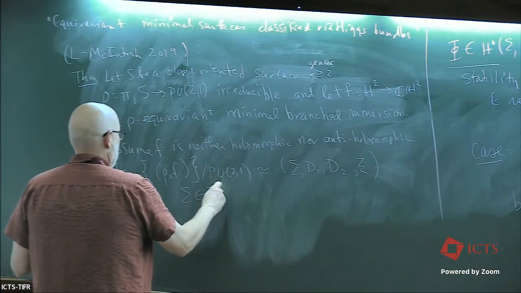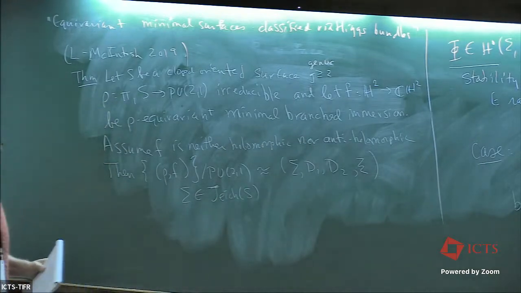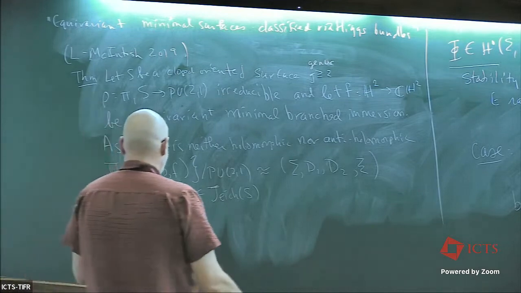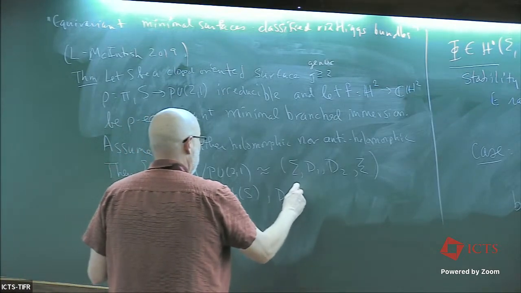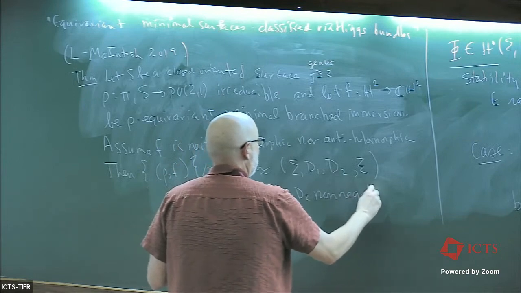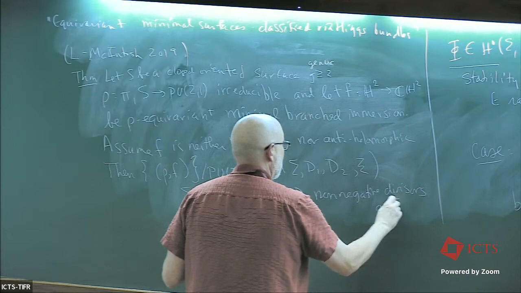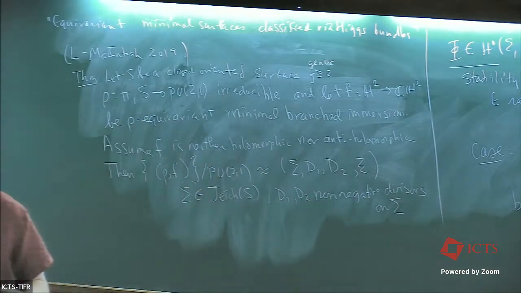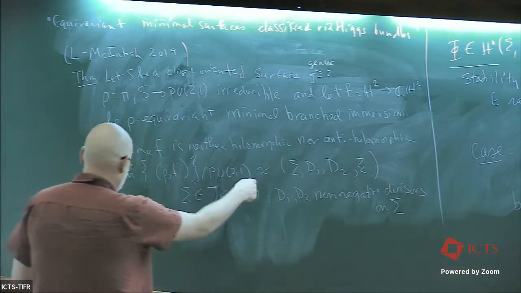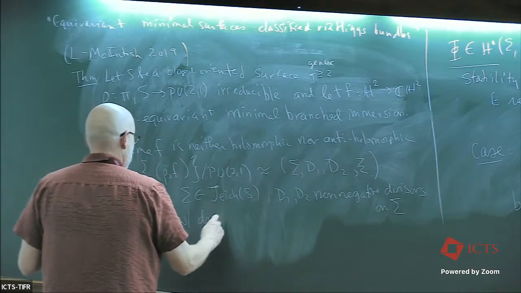Sigma is a Riemann surface structure in Teichmuller space of S. D1 and D2 are non-negative divisors on sigma. These are just collections of points, weighted by positive integers. There's going to be a restriction on the degree.